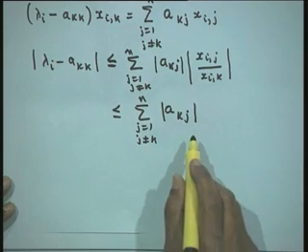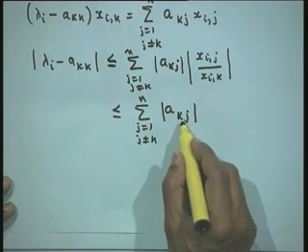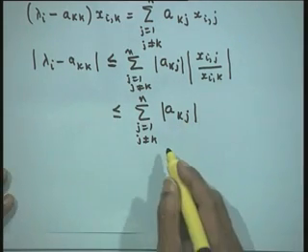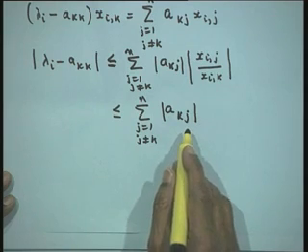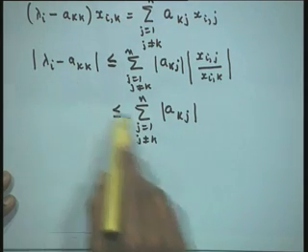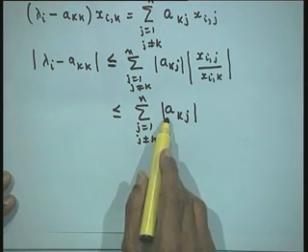Now however we do not know what k is, we have picked up, but in practice we do not know. Therefore what we do is we will take the union of all these inequalities.